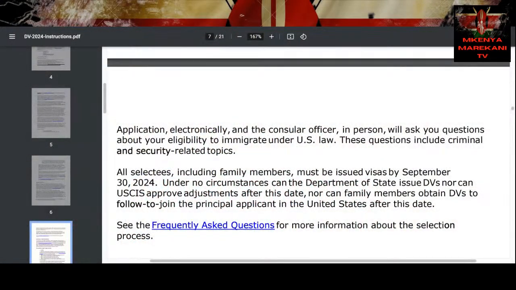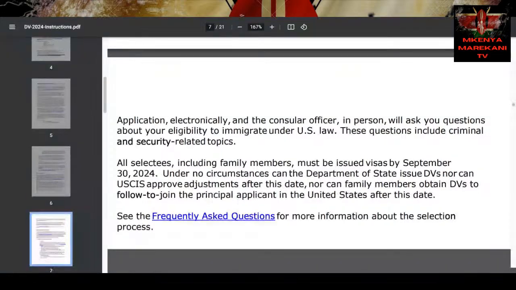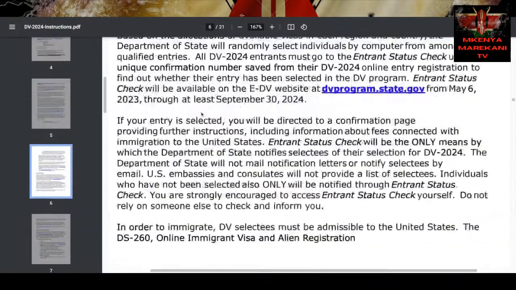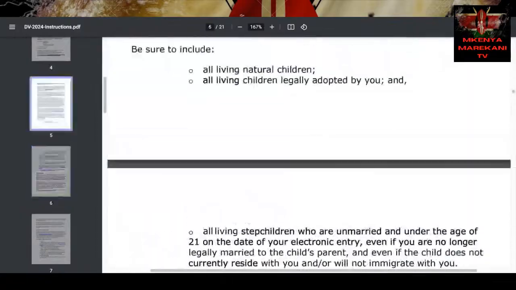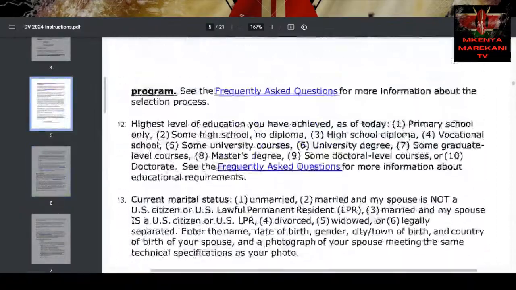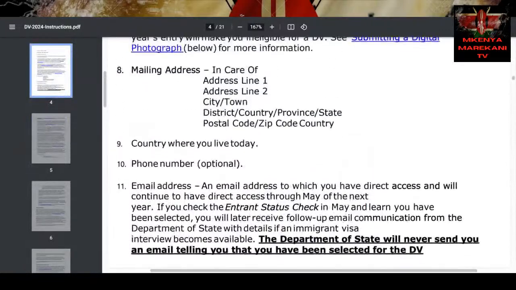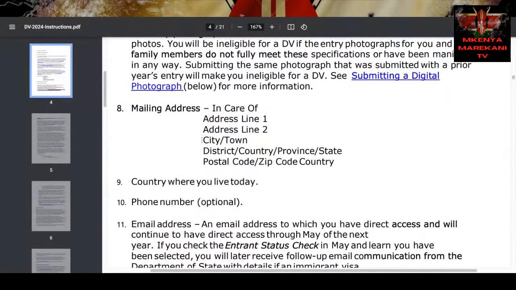We will tackle the mailing address when we come to the frequently asked questions.